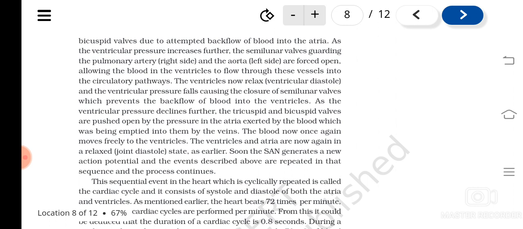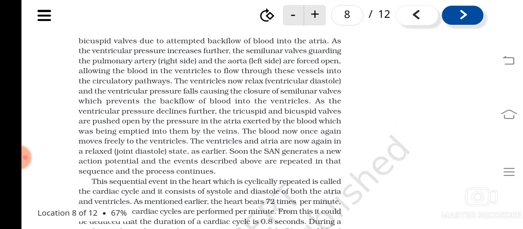From the SA node, an action potential will be developed, and this will be passed into the AVN. AVN is the auriculoventricular node, isn't it? It will be passed from the SA node.